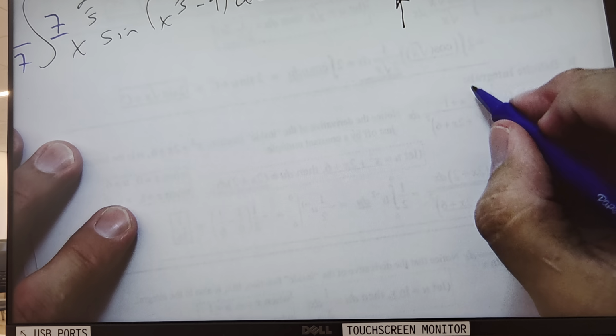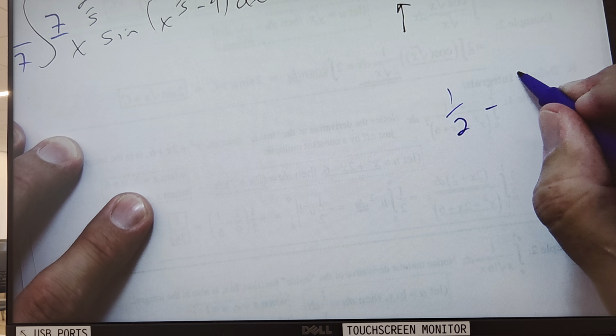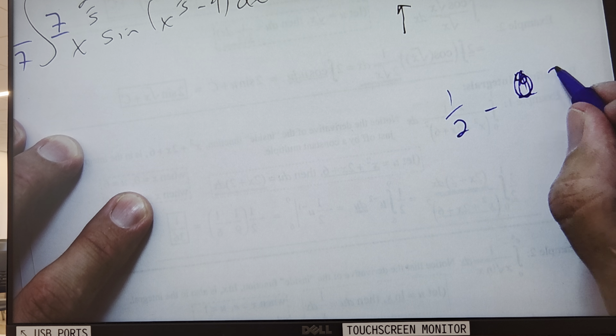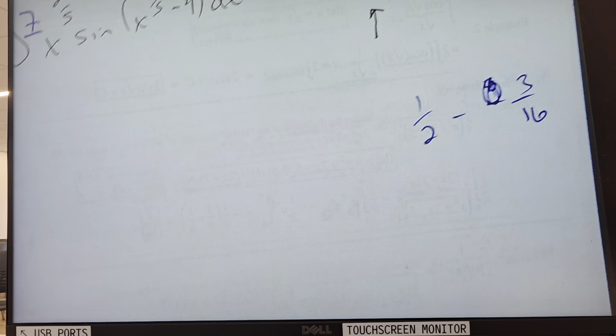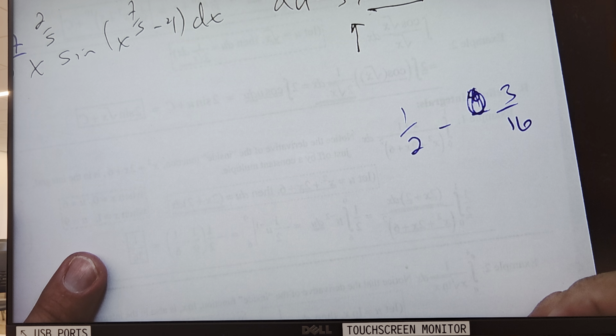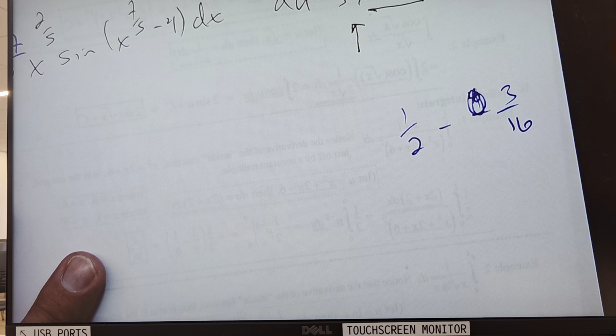So if I want to do this, let's say 1/2 minus 3/16. How do I do that? What do I do? Find a common denominator. Yes. And what would that be? It'd be 16.